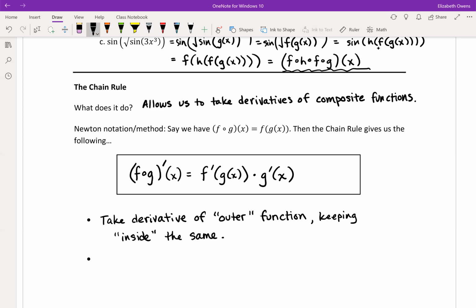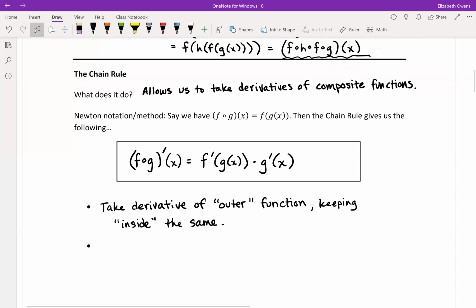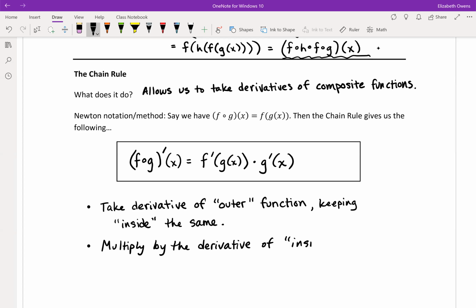And then you're going to multiply by the derivative of g. So multiply by the derivative of that inside function, because g of x is like the inside of the composition.